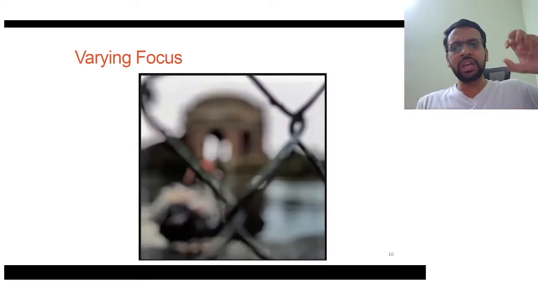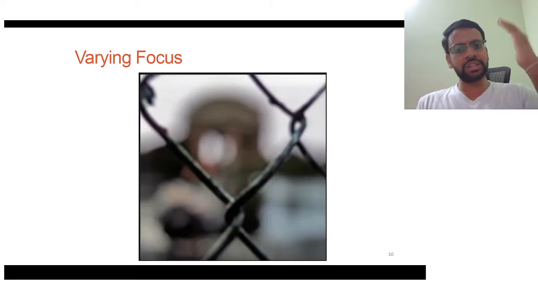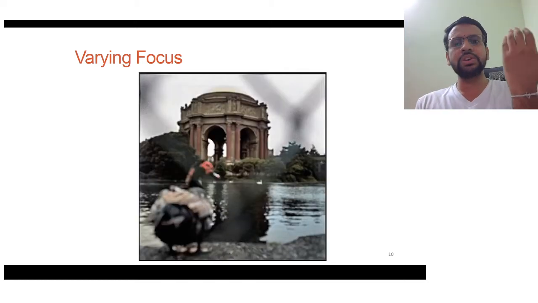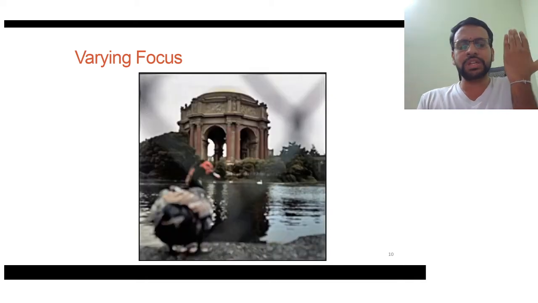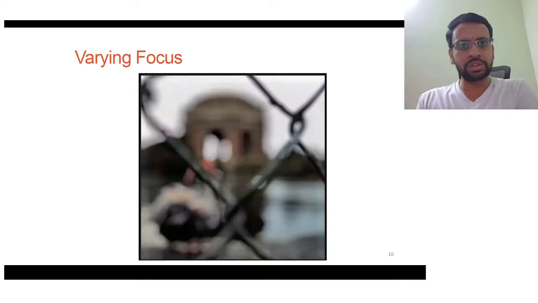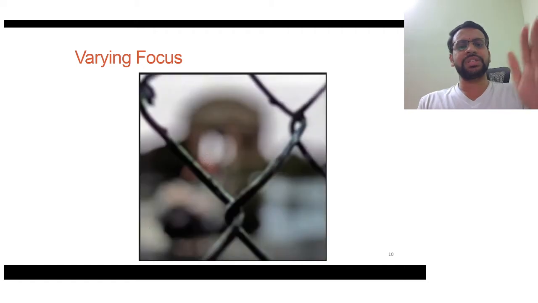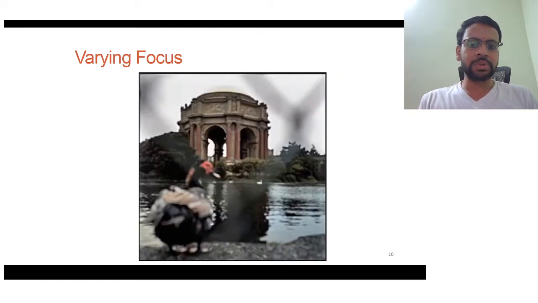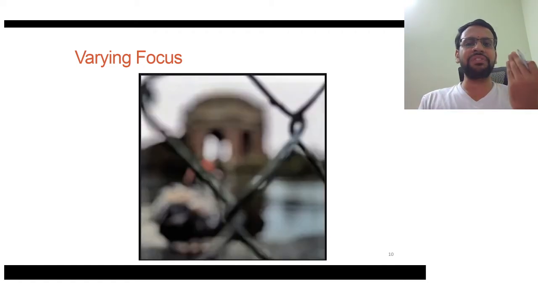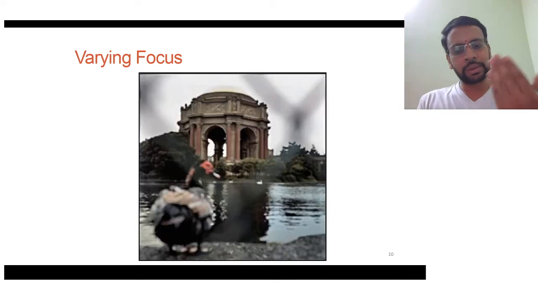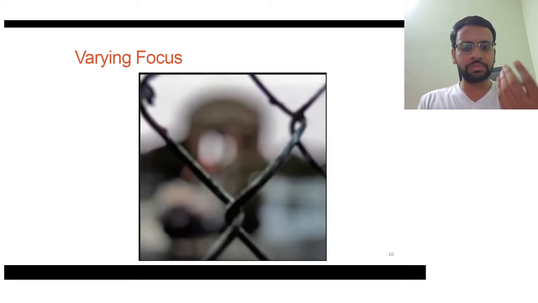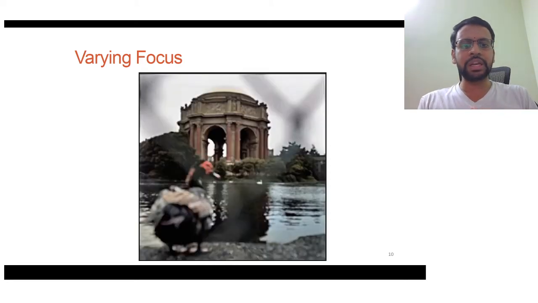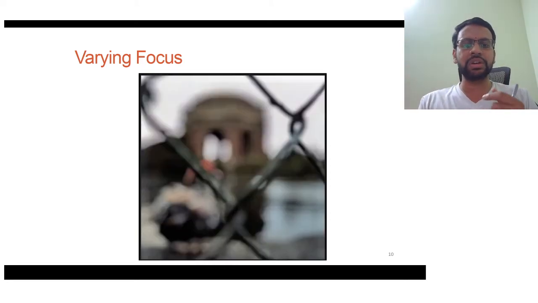By varying your focal length or one of these two distances, you could decide where exactly in your 3D you could project, because after all we are smashing the whole 3D onto a 2D surface. So that's the example illustrating the effect of focus that you could get by varying the focal length of your lens, which you would not obtain. That control is not there when you are using a pinhole.